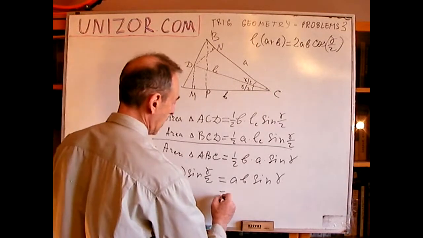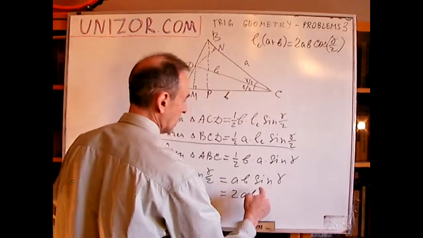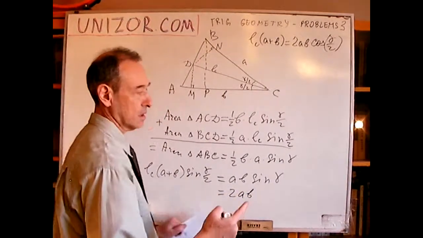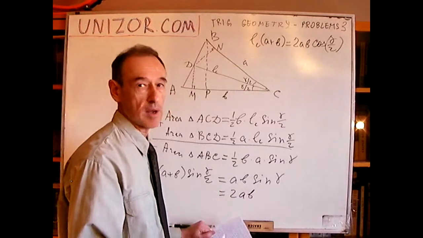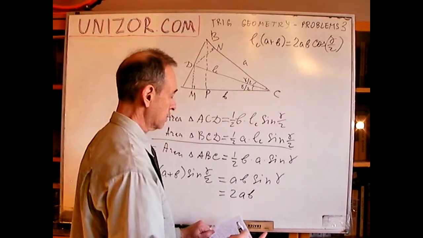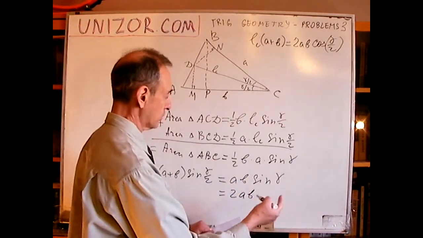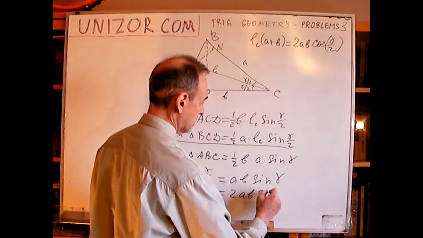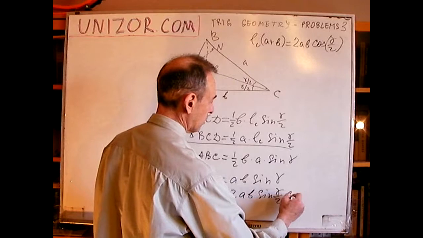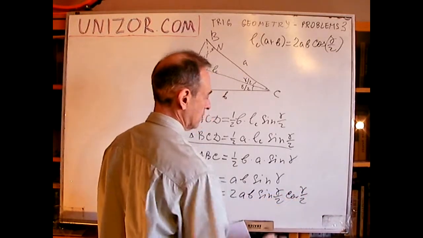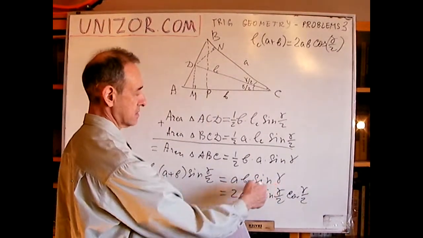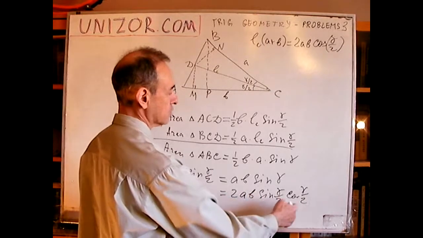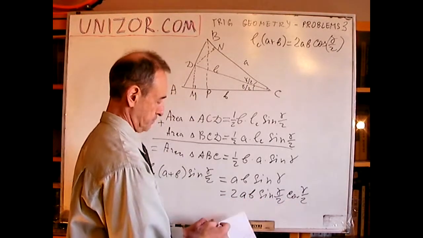Now, obviously, sine of gamma is sine of 2 times gamma over 2, right? So it's gamma over 2 plus gamma over 2, double gamma over 2. So it's 2AB sine gamma over 2 and cosine gamma over 2, right? That's what sine of gamma is: 2 sine gamma over 2 cosine gamma over 2.